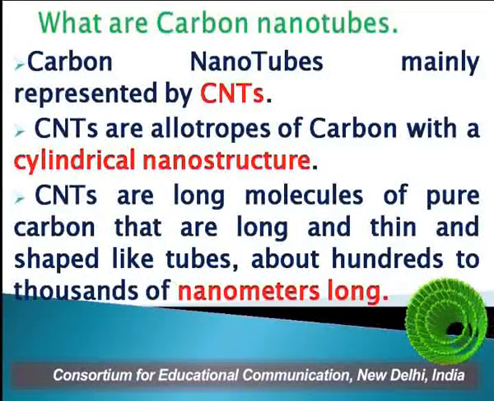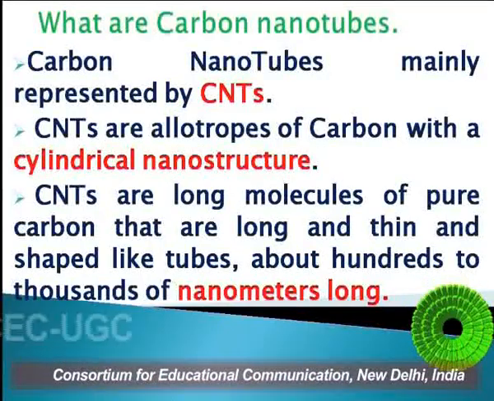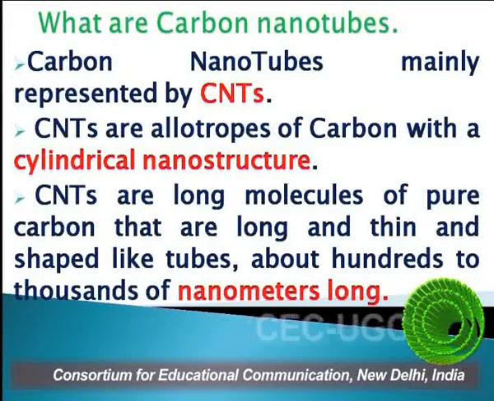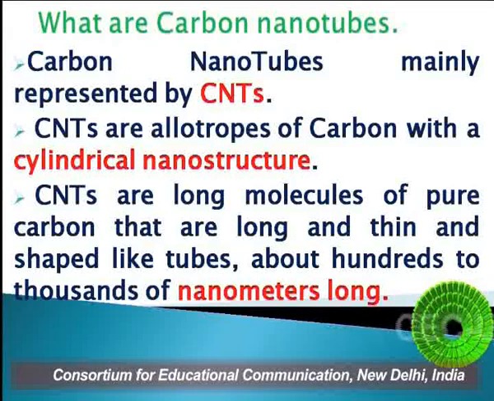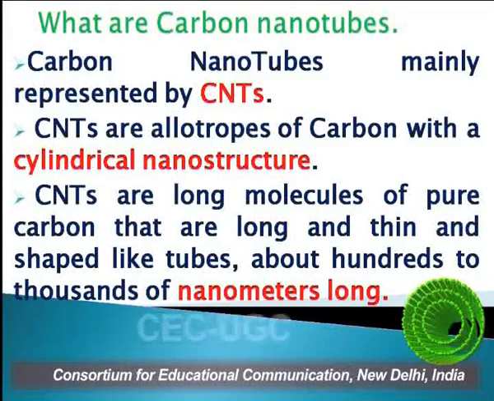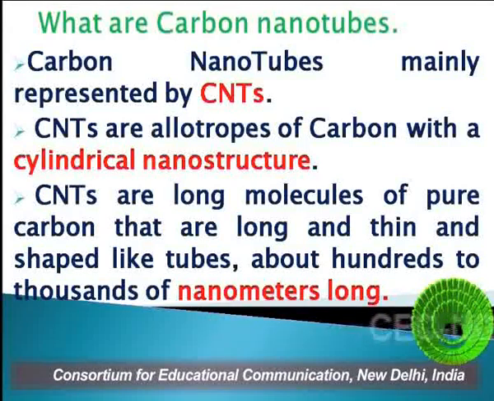Now, basically, what are carbon nanotubes? Carbon nanotubes are represented by CNTs, and they are allotropes of carbon having a cylindrical nanostructure.